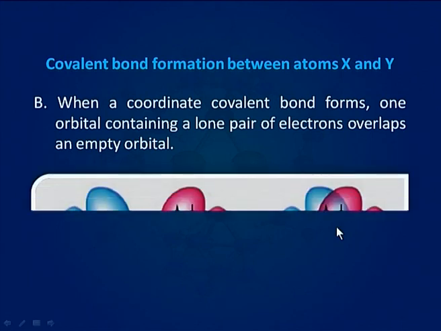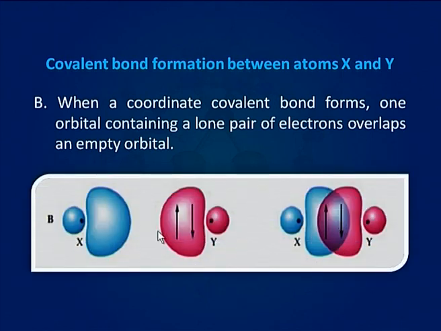When a coordinate covalent bond forms, one orbital contains a lone pair of electrons and it overlaps with an empty orbital, and here is the coordinate bond formation. The valence bond theory was fairly successful in explaining qualitatively the geometry and magnetic behavior of the complexes.